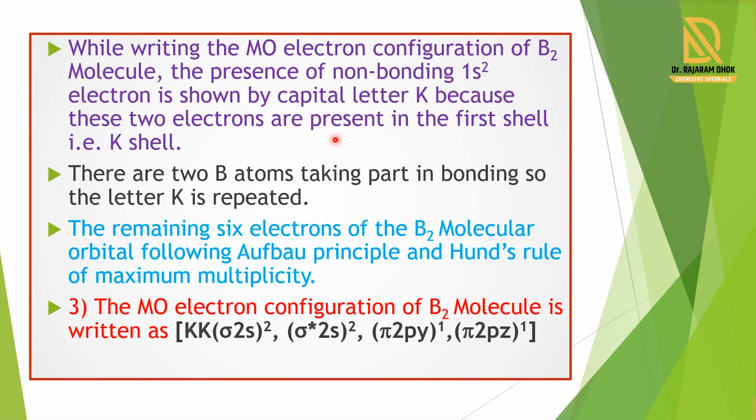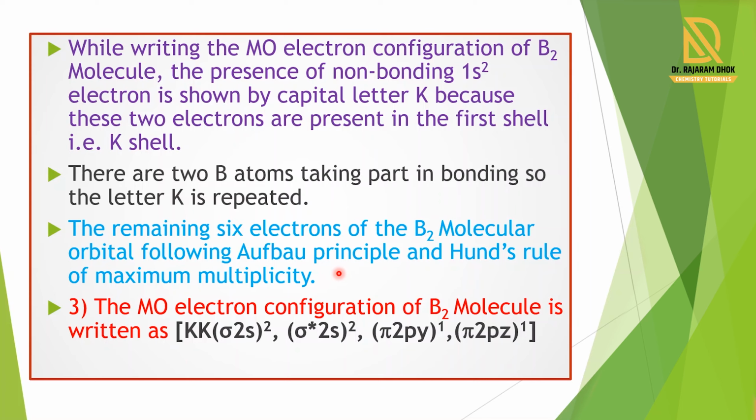In the boron molecule, two boron atoms take part, so K is repeated, and we write 2 times K. The remaining 6 electrons of B2 can be written according to the above principles and Hund's rule of maximum multiplicity.